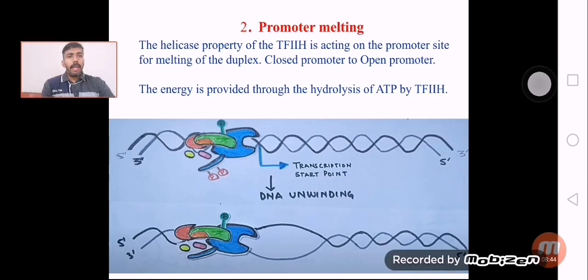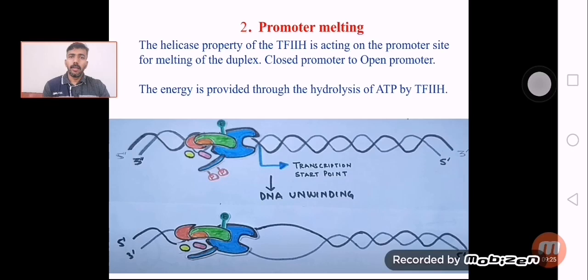Here, promoter melting represents the unwinding of the DNA duplex at the promoter region. We know that's an essential part required for making the DNA template available for the RNA polymerase enzyme, as only one strand will act as the template, right? For this process, the helicase activity of TF2H will support the system, and this causes melting of a pretty long length of the DNA duplex.